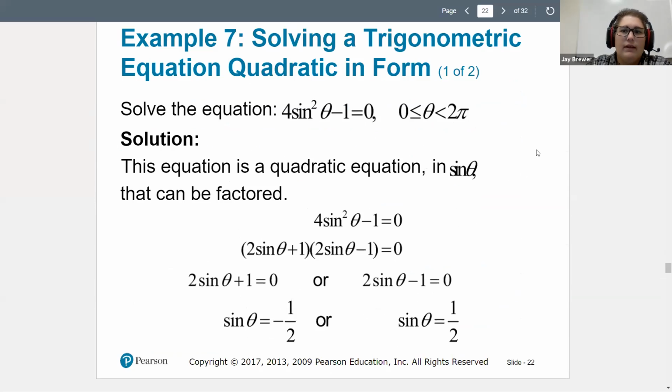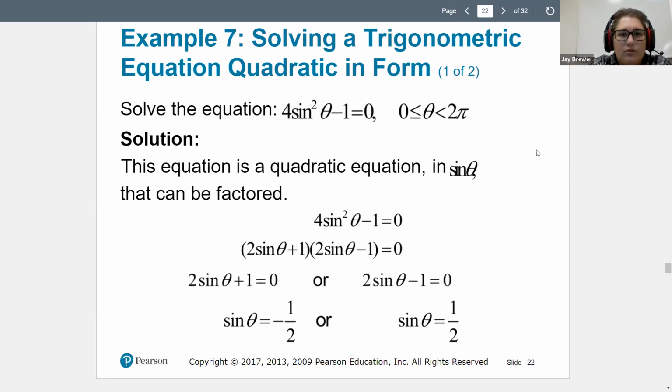All right. Example 7, solving a trig equation quadratic in form. Okay, so we're looking at 4 sine squared theta minus 1 equals 0, and we're going on the interval of 0 to 2 pi. We treat this as if it is a regular quadratic.